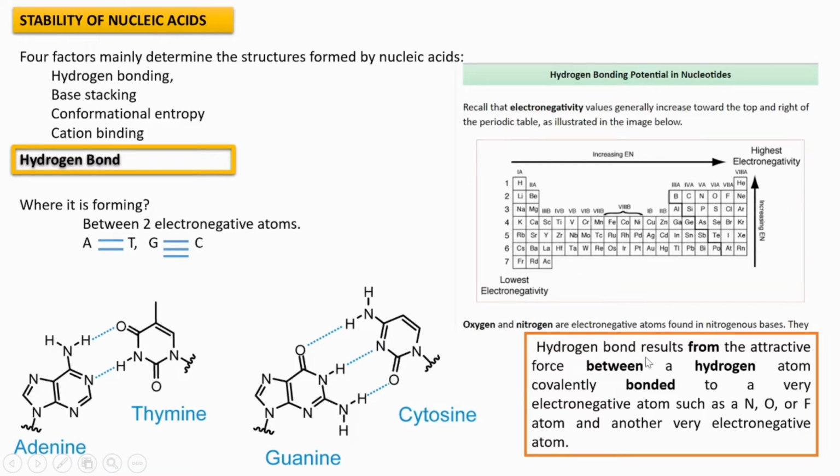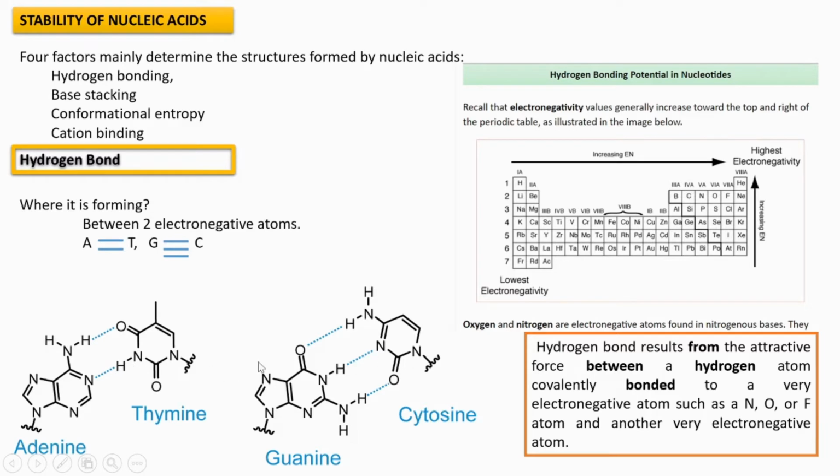And the hydrogen bond, we know that it usually forms between two electronegative atoms, and also a hydrogen should be there to form that particular bond, the hydrogen bond.